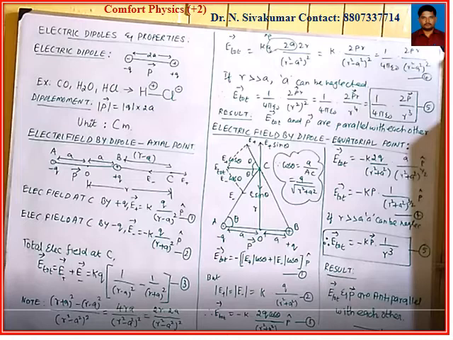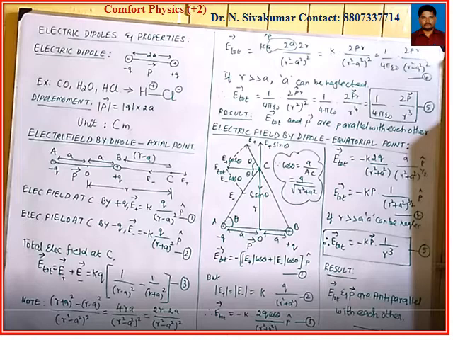This 4ra can be written as 2r into 2a. Therefore, 2r into 2a divided by (r square minus a square) whole square. So the formula becomes KQ 2a into 2r divided by (r square minus a square) whole square.